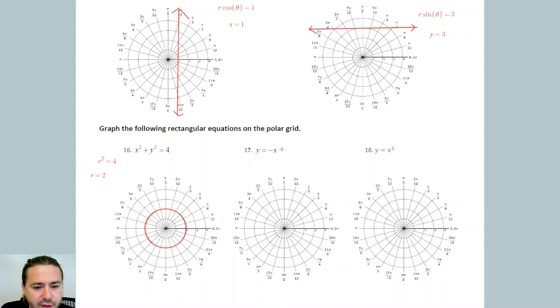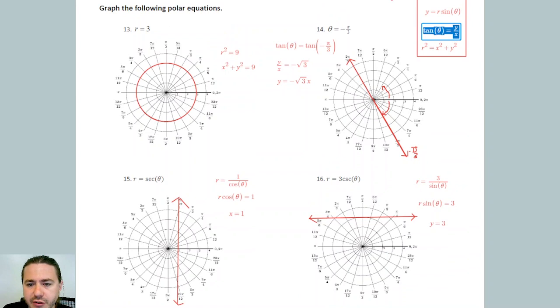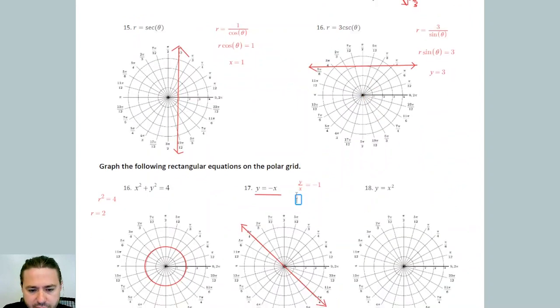All right, number 17. You probably don't need to convert this one, quite honestly. If you know that this is just a line that has a y-intercept of 0 and a slope of -1, you should know that it's just going to look something like this, okay? You don't need to convert it, but if you did, you could divide both sides by x and then rewrite y over x as tangent theta, so tangent theta equals -1.